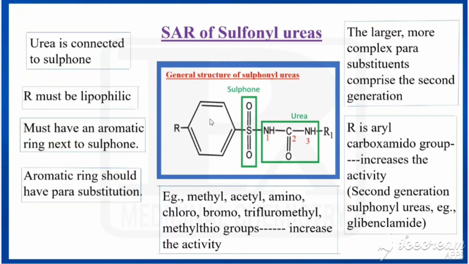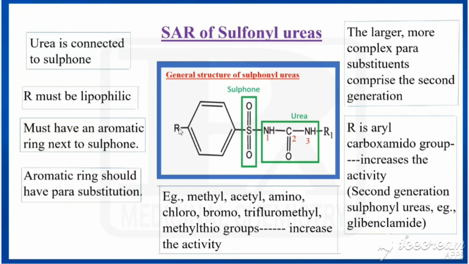If this R is a larger or more complex one, we get second generation sulfonyl ureas. So for second generation sulfonyl ureas the R would be larger and more complex. If the R is an aryl carboxamido group, aryl means aromatic, and carboxamide means an amide, otherwise called carboxamide, that is CONH2.